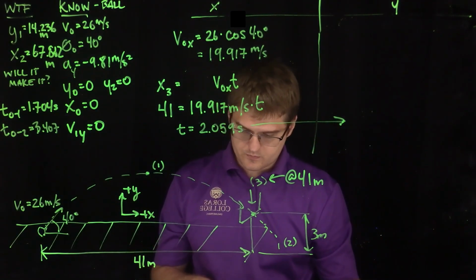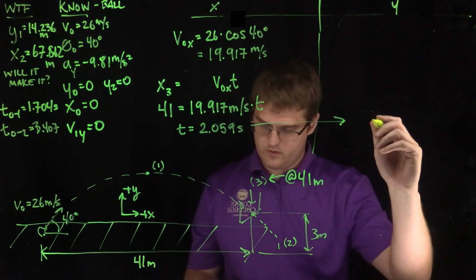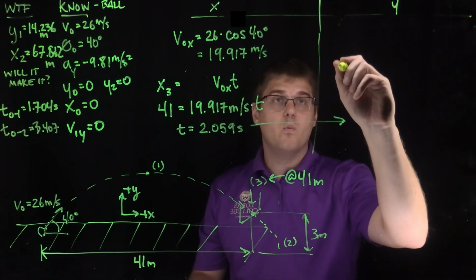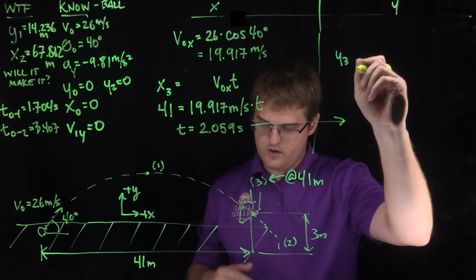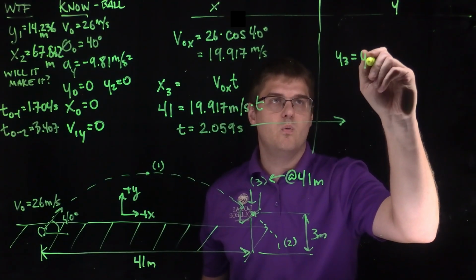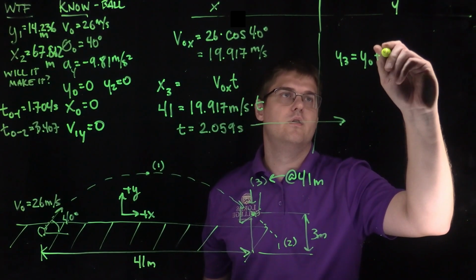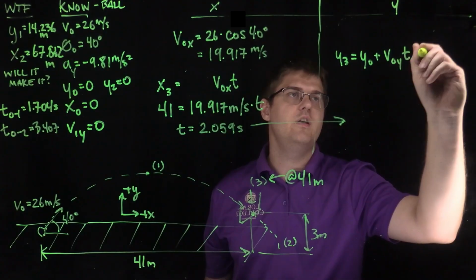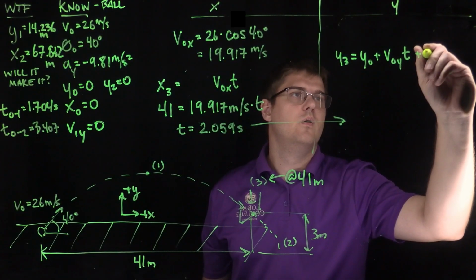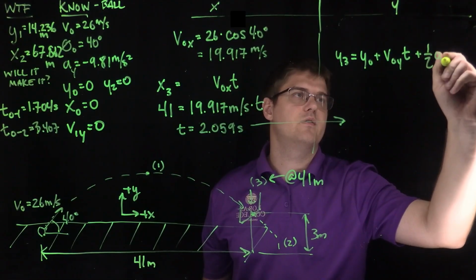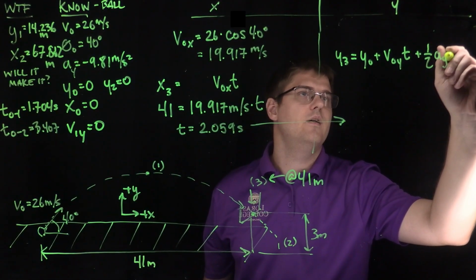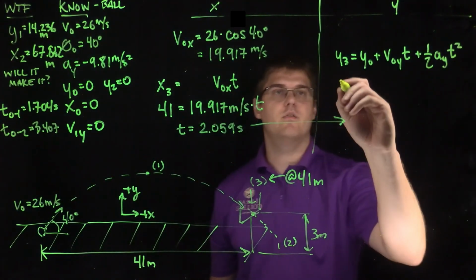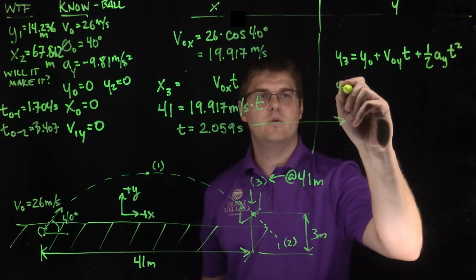So with that, what I'm going to do is say that y3 is going to be equal to y0 plus v naught in the y times t plus 1/2 times my acceleration in the y times my time squared. And I have all of this. So y3 is what I want to know.